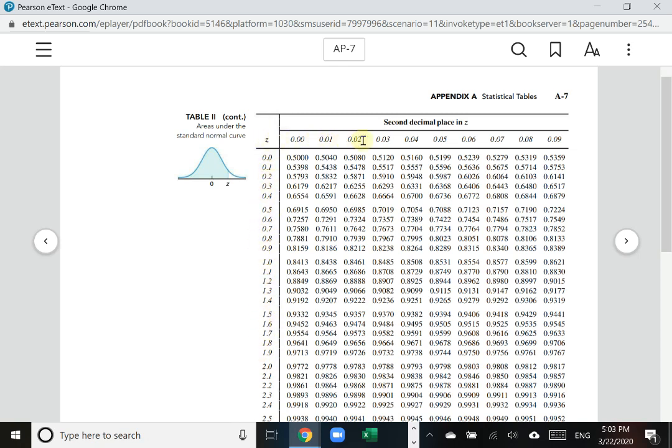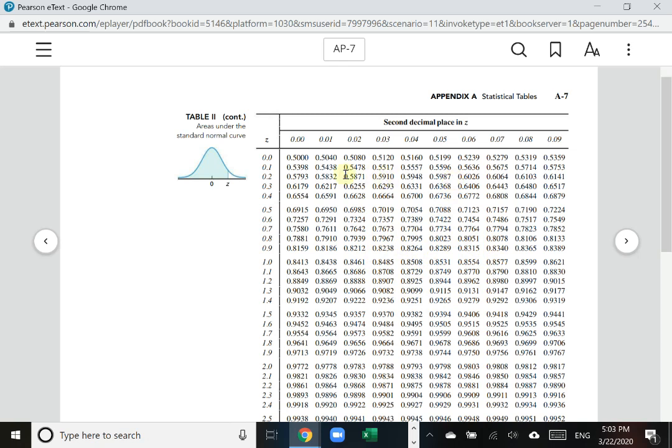So the top and the left column are the margins of the table. The numbers that are in here, this is called the body of the table. Inside the body of this table, you're going to see these numbers. These are actually probabilities.